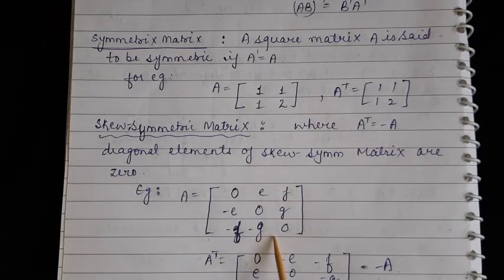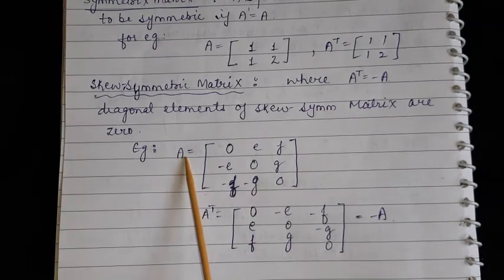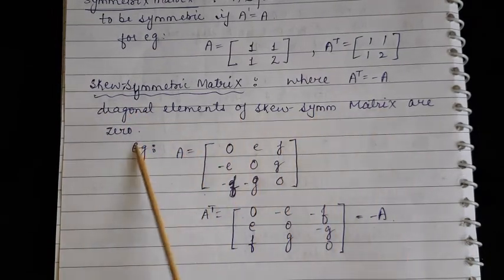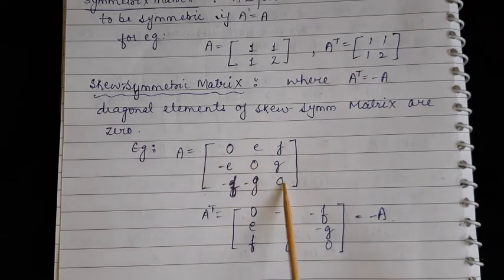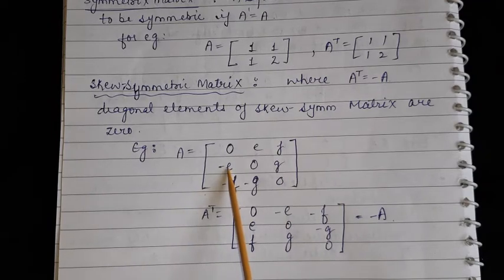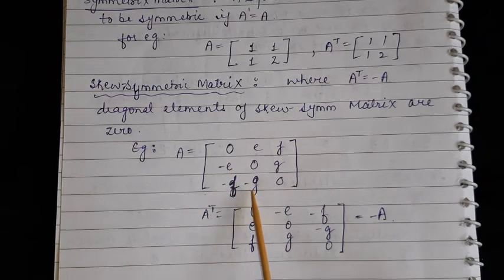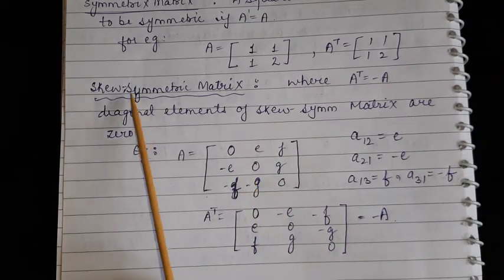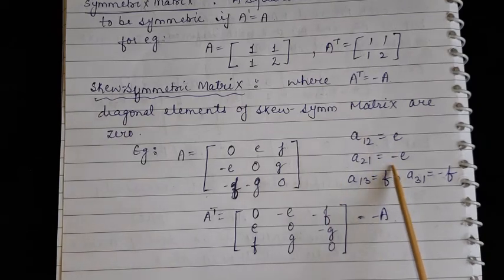So here is one example. We have taken a matrix A because, as I have said, diagonal elements of a skew symmetric matrix are 0. So all three diagonals are 0. Here we have taken E, F, G, and here we have taken minus E, minus F, minus G. So this is a specific pattern, and in order to construct a skew symmetric matrix, you need to keep this in your mind.